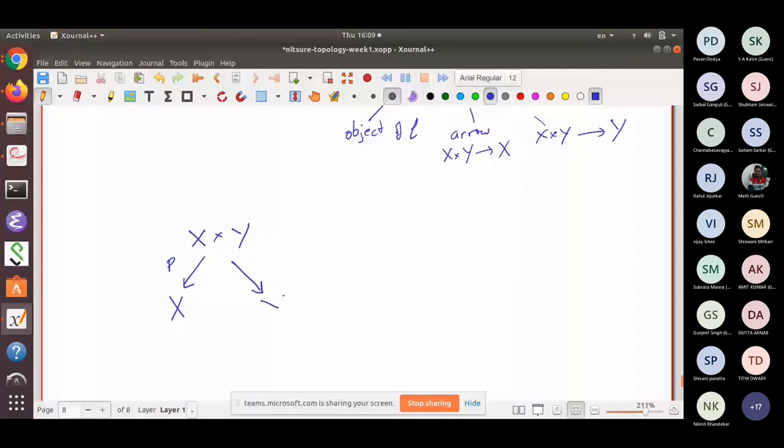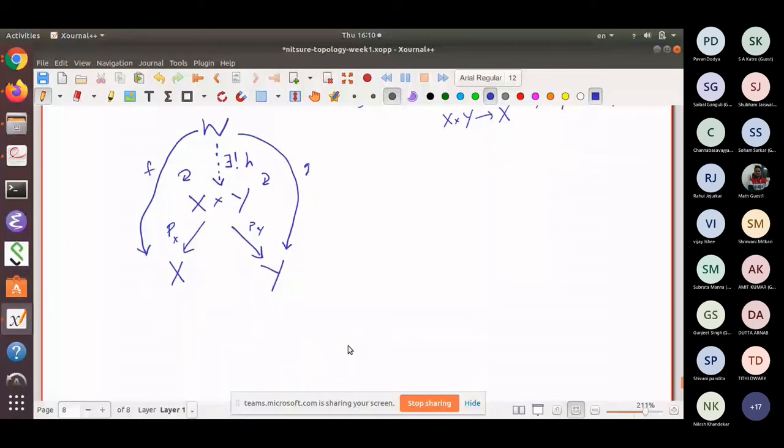Now suppose I have any other object W and any two arrows F and G. Then there has to exist a unique such arrow H, so that this triangle commutes and this triangle commutes, which means this composite, which is defined in any category, is this, and this composite is this. You understood what's a binary product?